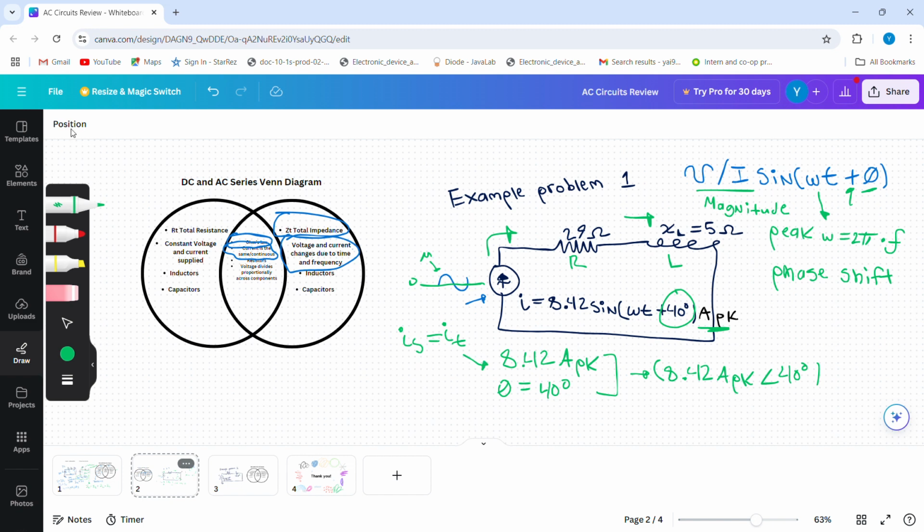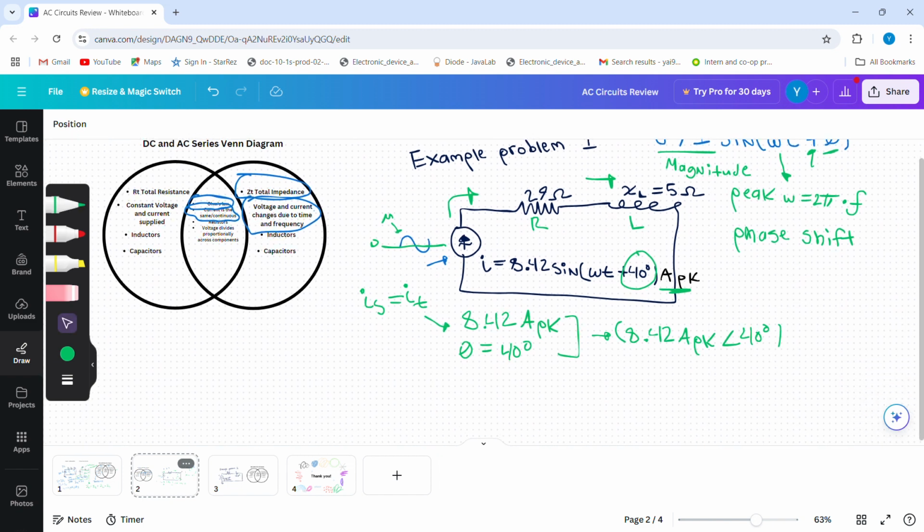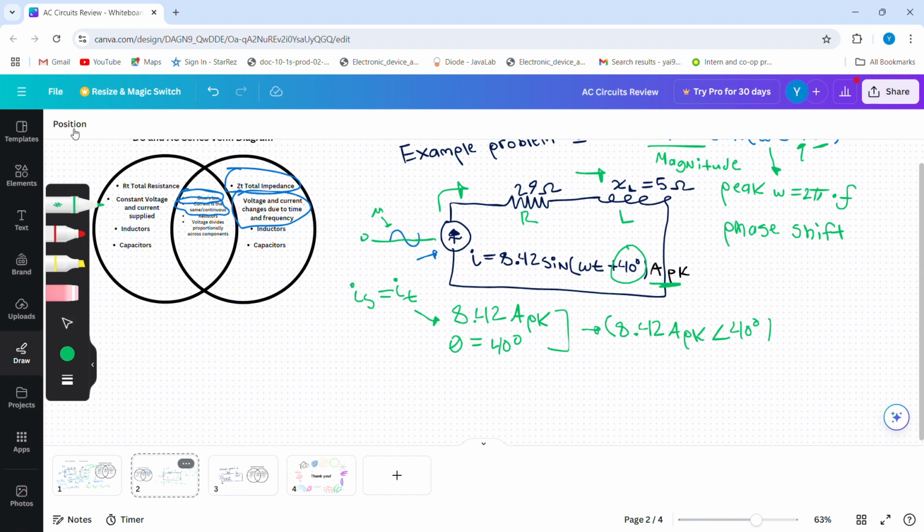Okay. And something else I notice, I have an ohm value for my resistor, and I have an ohm value for my inductor. In DC, we always had resistors, and it was always easy to add up 10 ohms and 5 ohms when they're in series. Here, we can't think about resistances, and an inductor and capacitor are our reactive components, so we can't just add them up directly like that.